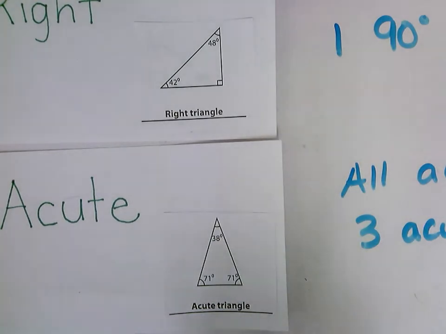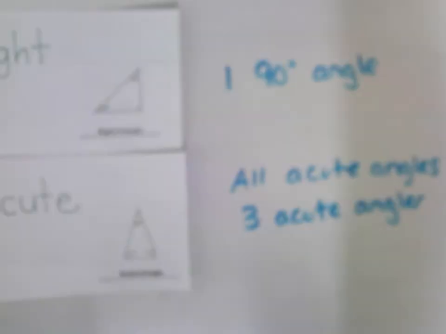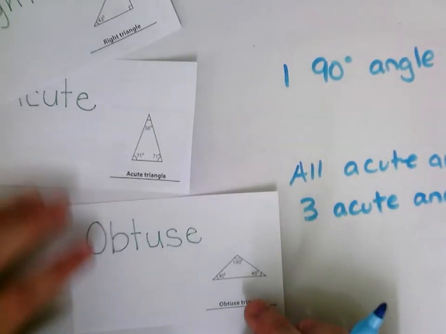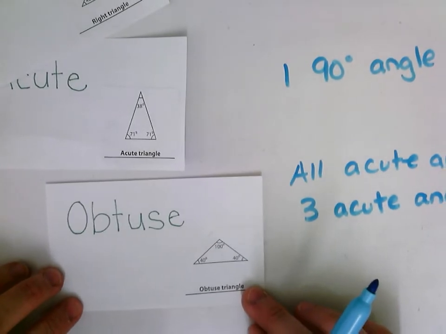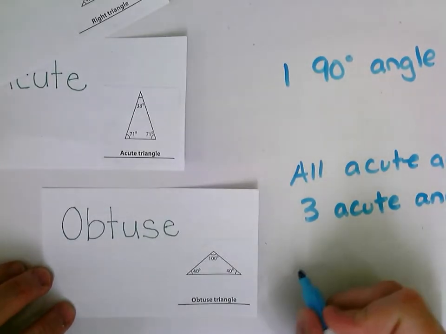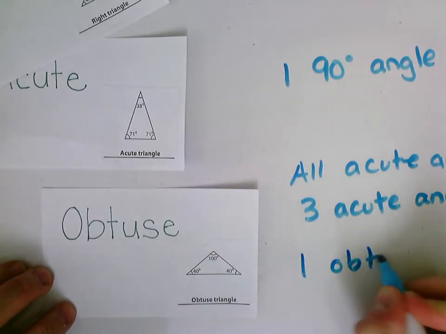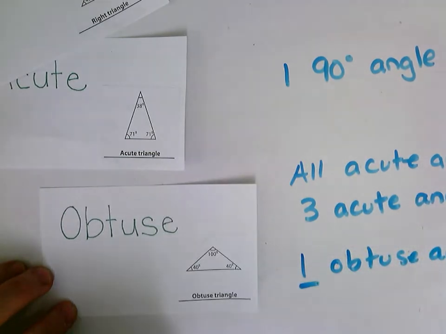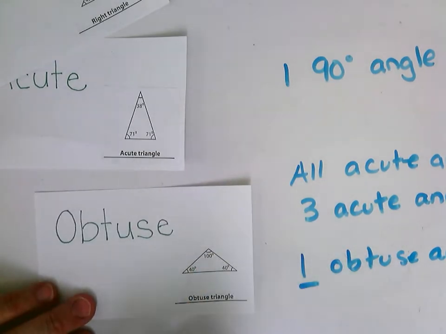The last type of triangle we're going to talk about is an obtuse triangle. So an obtuse triangle has one obtuse angle. Only one obtuse angle. We cannot create a triangle with two obtuse angles.